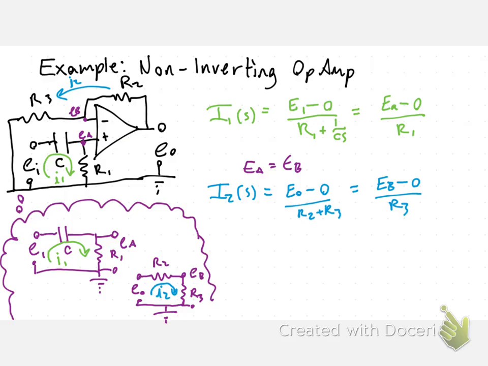So the way that I'm going to do the algebra is, rather than solving it all through, we can build 3 transfer functions. One that starts at EI and goes to EA, another that starts at EA and goes to EB, and a final one that will start at EB and go to EO.